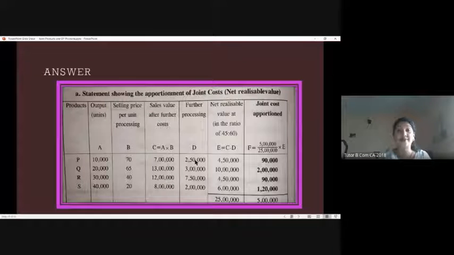Now we know that the net realizable value of this particular product would be sales minus further processing cost, because this sales value was computed after all the cost till the split off. But they had not considered the further processing charge, which will be incurred once the product is split off. That has been given in the question. So this 2,50,000 is considered to find out the actual realizable value.